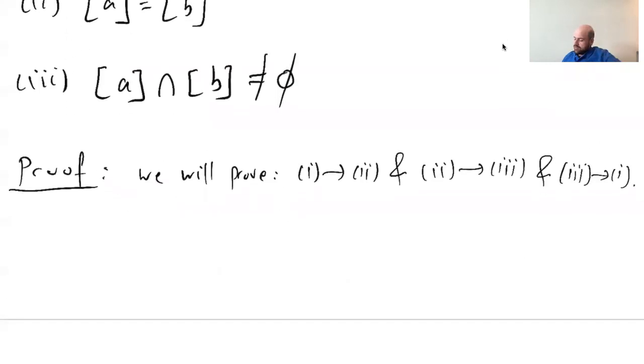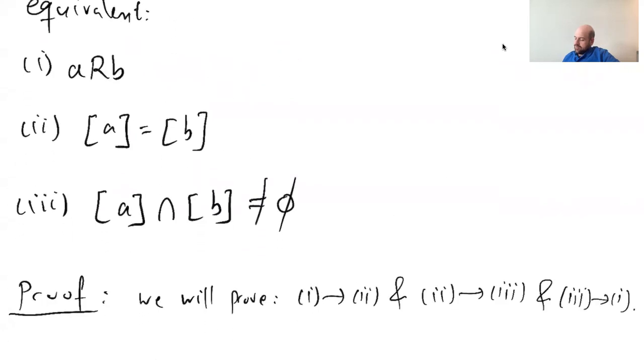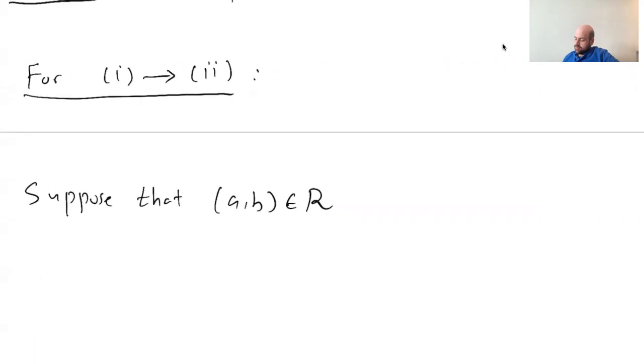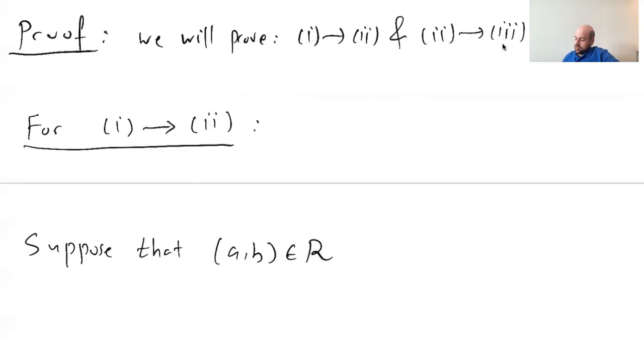So to prove 1 implies 2, we want to show if A is in relation with B, then the equivalence class of A is equal to the equivalence class of B. So suppose that (A, B) is in R, and we want to show that the equivalence class of A is equal to the equivalence class of B.